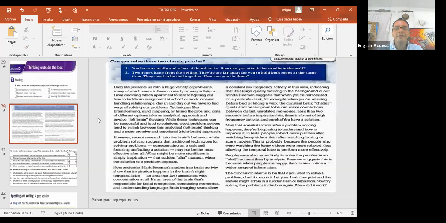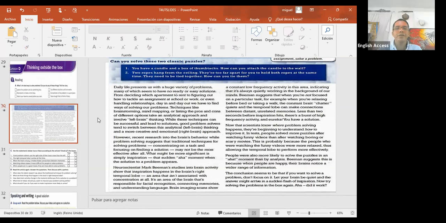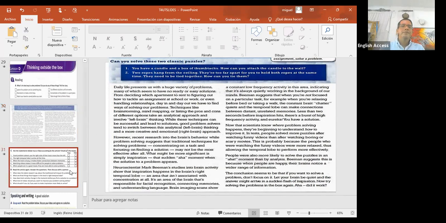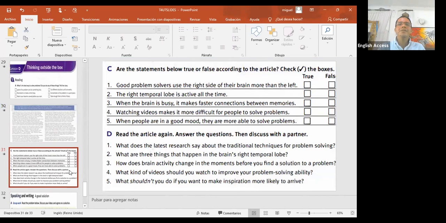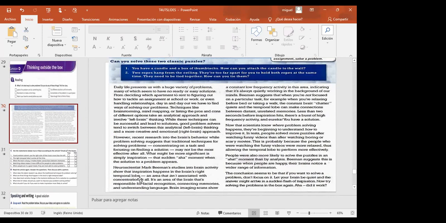Remember, that's a fact. Okay, it's a fact. That means it's not your opinion. It's true or false. The right temporal lobe is active all the time. You found the first answer here, right? When they are talking about this neuroscientist, Mark Beeman.